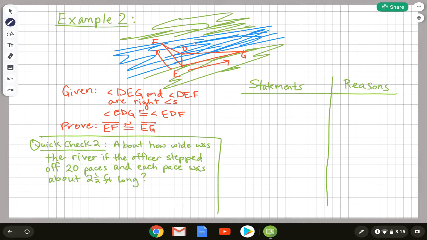So we're given that angle DEG and DEF are right angles. That's here. So let's go ahead and write that down. We're also given that angle EDG is congruent to angle EDF.